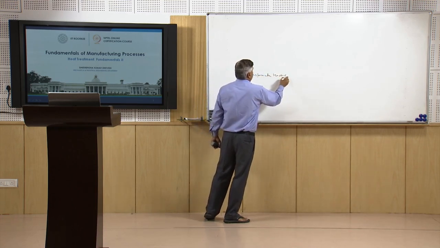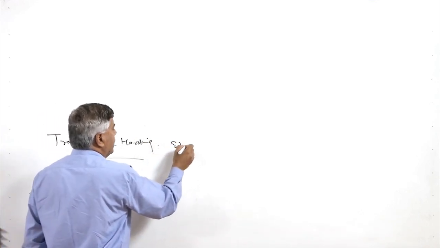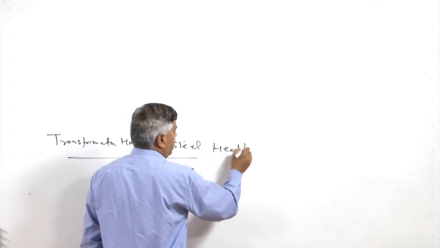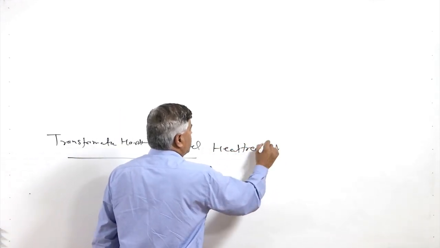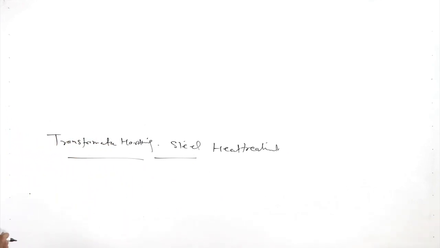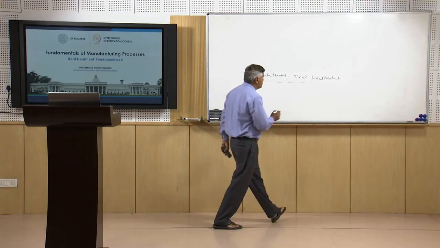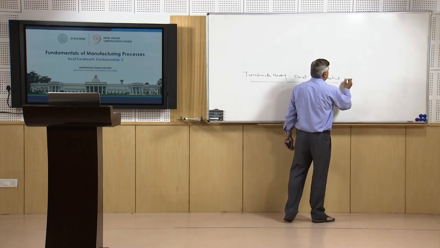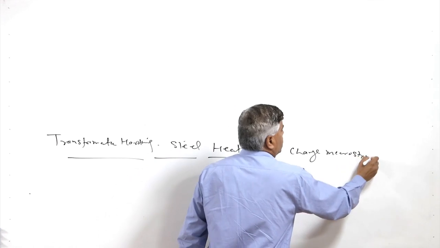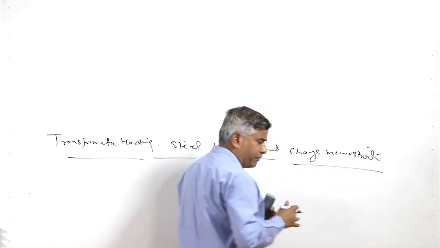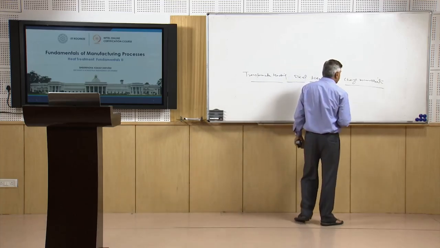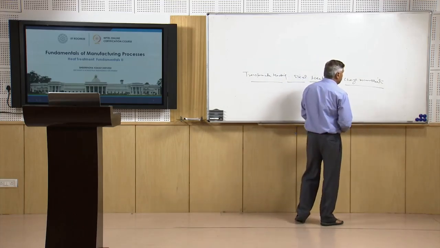transformation hardening heat treatment. This is mainly for steels, or heat treatment of steels. So certain things we need to keep in mind when we talk of heat treatment of steels. Basically heat treatment is carried out in order to change the microstructure of the constituents, so that the kind of phases that offer the desired combination of properties are produced through controlled heating, soaking and then cooling.